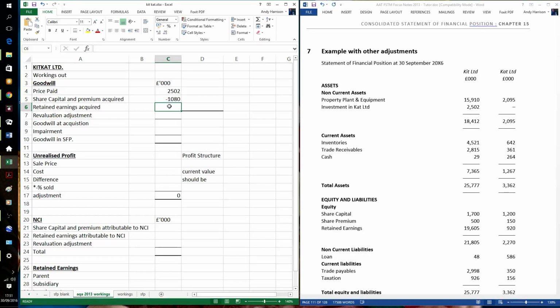And then we also got, at the time, 540. That was the retained earnings at the time, and we got 80% of that. And we also get the benefits from 80% of the revaluation of 900,000.